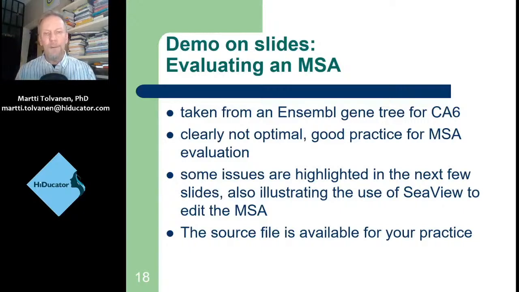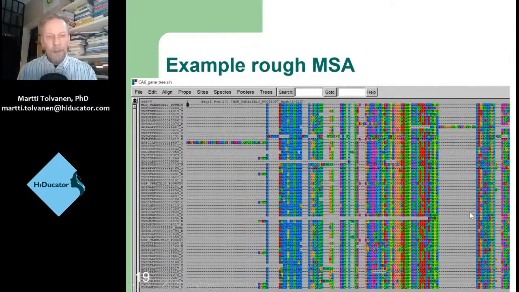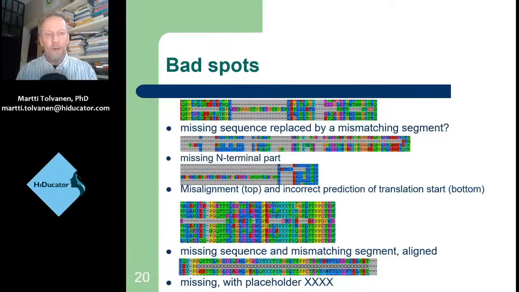And I have the gene tree file available in Moodle, so you can repeat this practice with CView if you wish. This is the starting point, a clearly rough MSA that has some strange gaps, some incomplete sequences and whatnot. So I have more details in the next few slides.